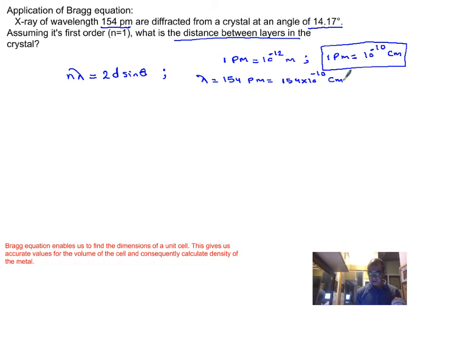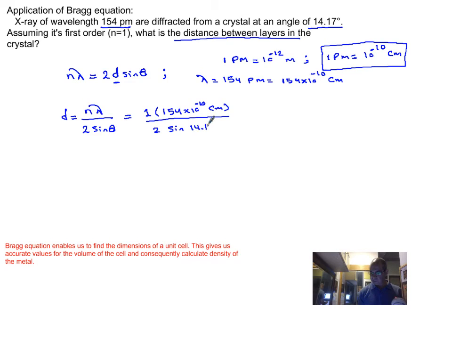Now I'm ready. I like to find out d, so let me rearrange my equation and say d is nothing but n times lambda divided by 2 times sine of that incident angle, theta. n is always 1 for us in chemistry. So 1 times lambda, which was 154 times 10 to minus 10 centimeters, divided by 2 sine of 14.17.